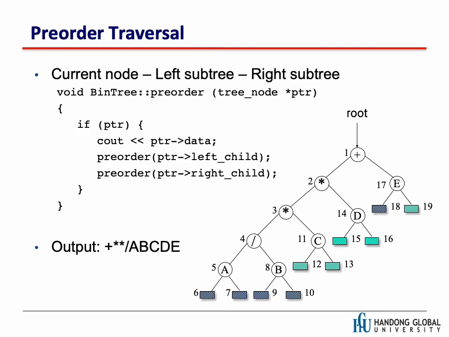As long as PTR is not null, we print out the current node's data first, then we call pre-order passing the left child pointer, and we call pre-order passing the right child pointer. So basically we visit the current node, then the left subtree, and then the right subtree. If we print out the result for this tree, the result is + * * / A B C D E.